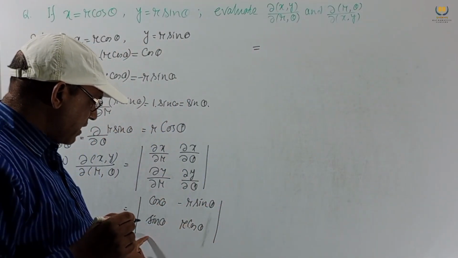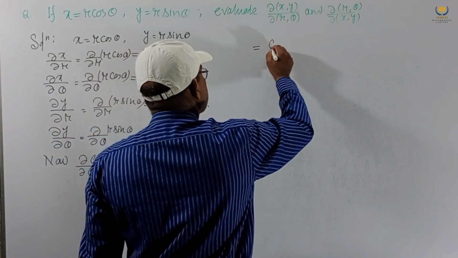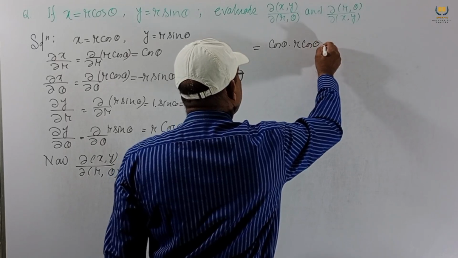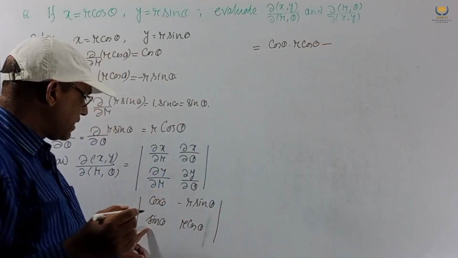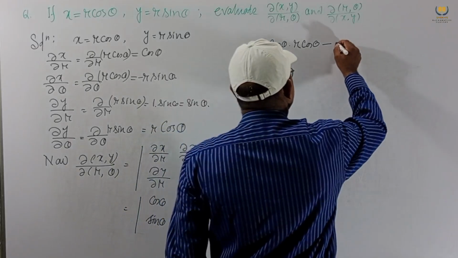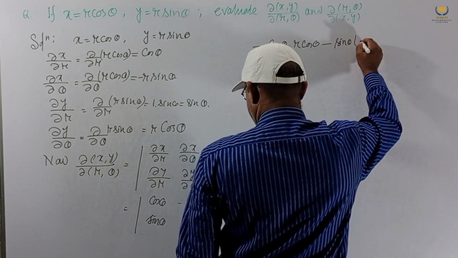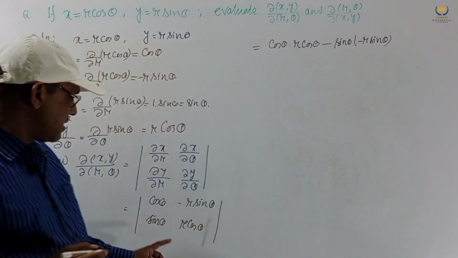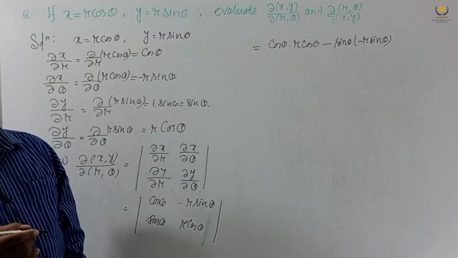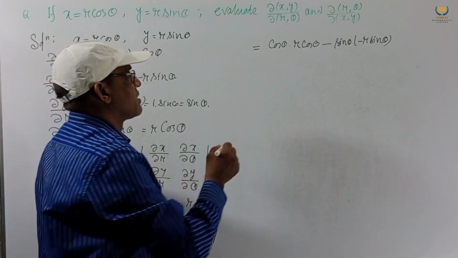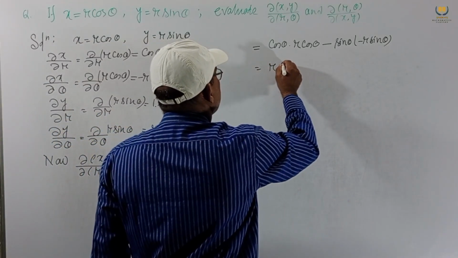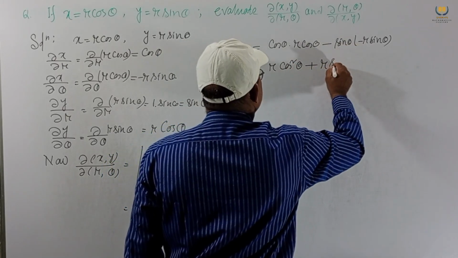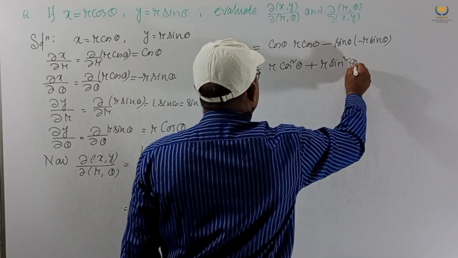This into this minus this into this. So cos theta times r cos theta, minus sin theta times minus r sin theta. Just this into this minus this into this, by the rules of determinants. These are r cos square theta plus r sin square theta.